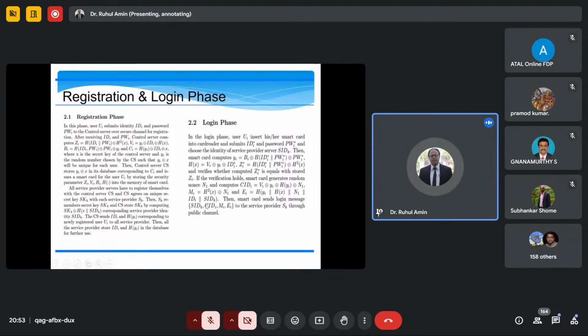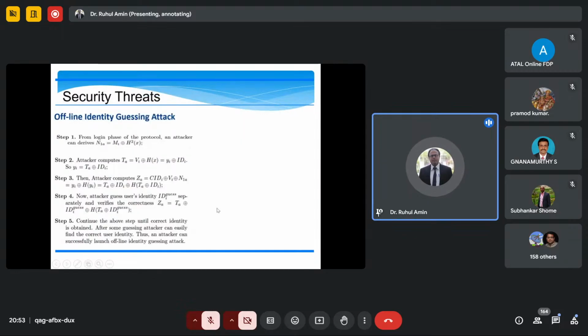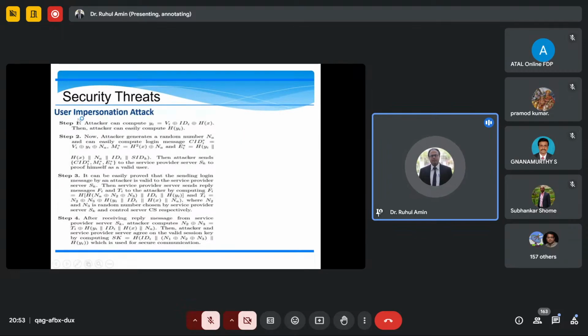If the attacker can generate the correct login message, only then can the attacker impersonate a valid user. So if he wants to calculate it, based on the protocol description he gets some equation or parameter and computes the value of OI, some CIDI value, is calculated.